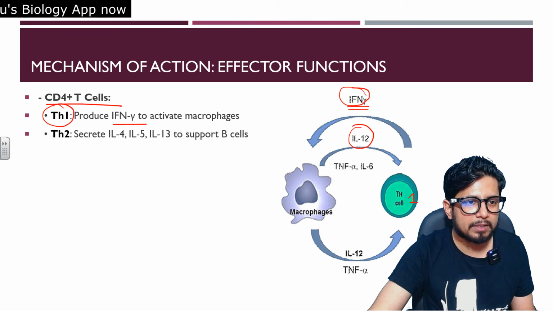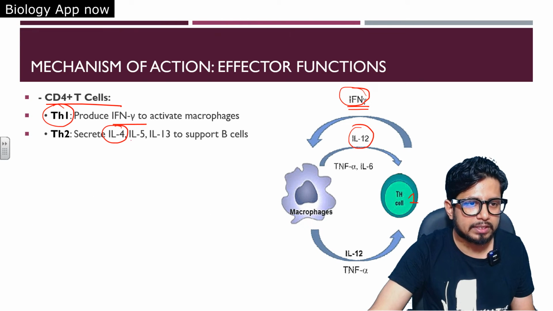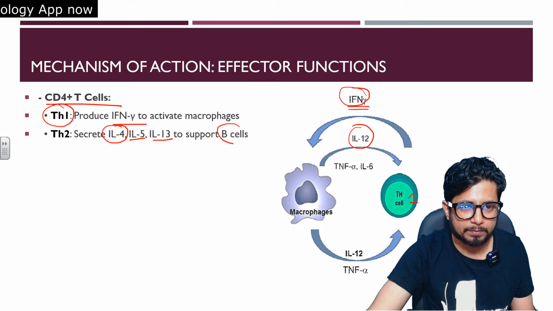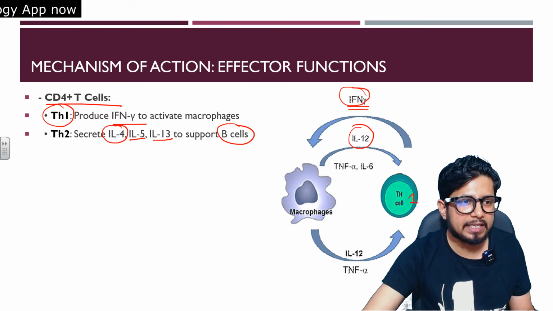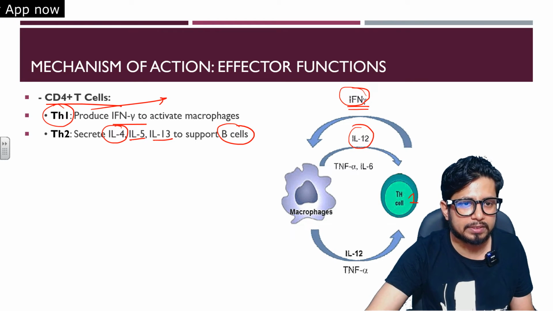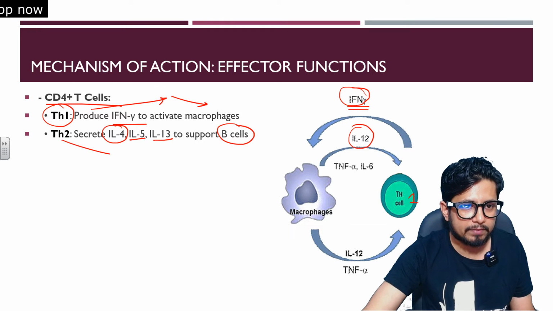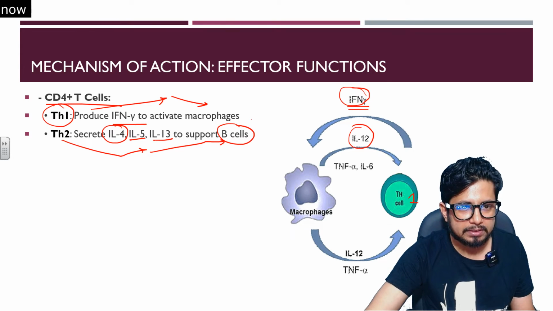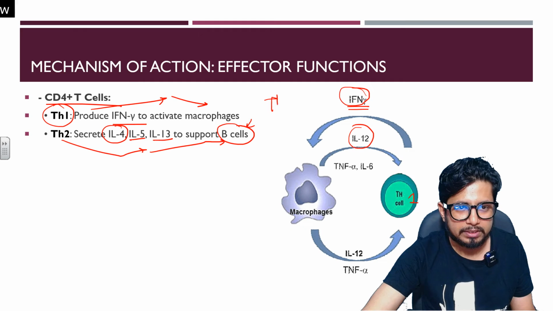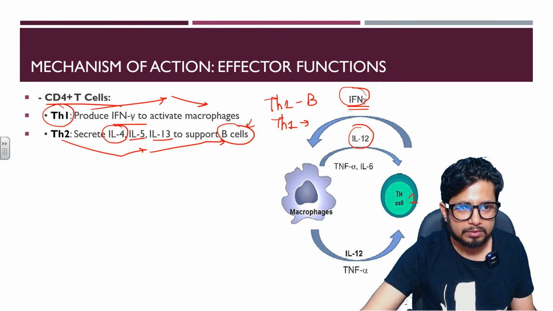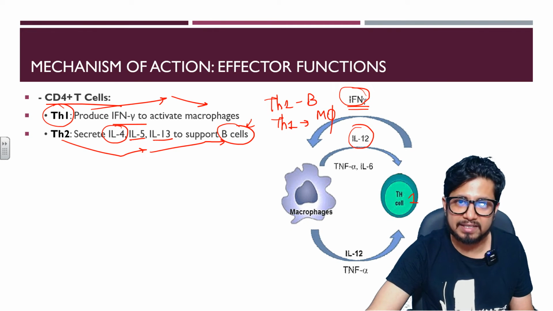Okay, T helper 2 secretes interleukin 4, interleukin 5 and interleukin 13 to support B cell. So basically T helper 1 cell's job is to contact with a macrophage, while T helper 2's job is to contact with the B cell, right? So T helper 2 with B cell, T helper 1 with macrophage. Okay, that is the idea.